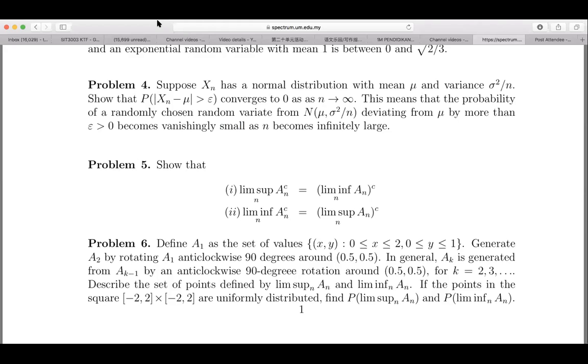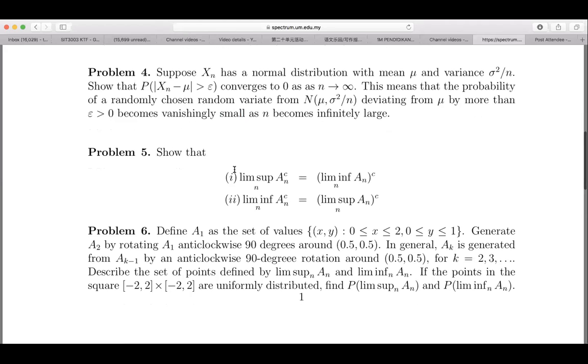So number 6, you have to define, you'll get some practice on finding out lim sup an and lim inf an. Slightly more challenging.